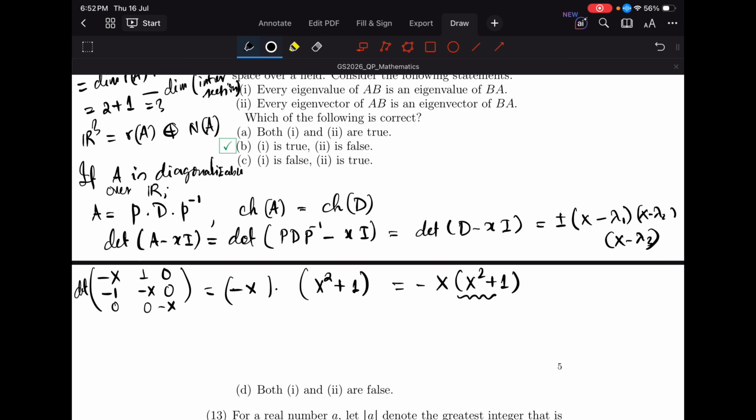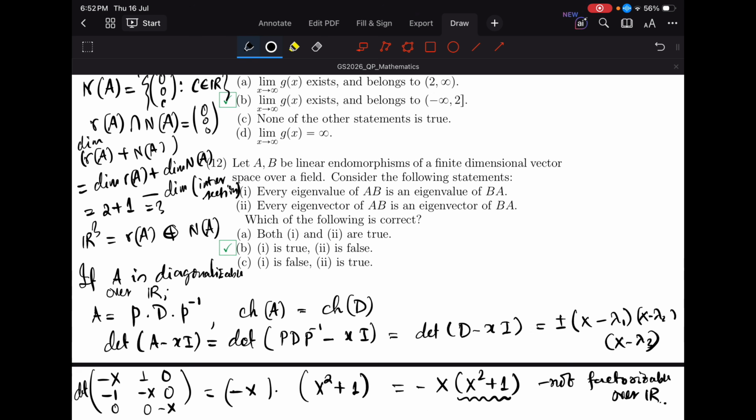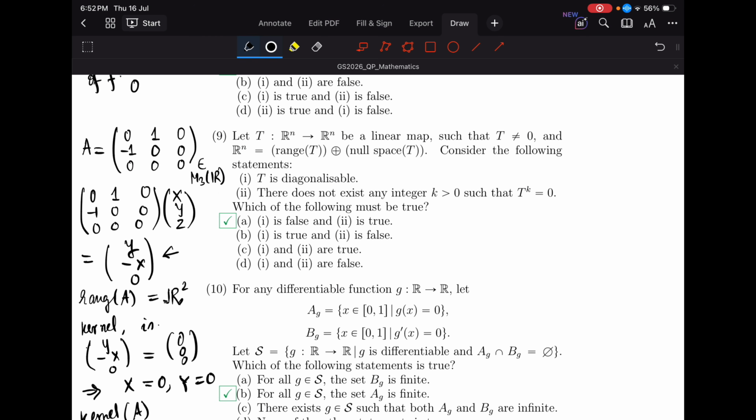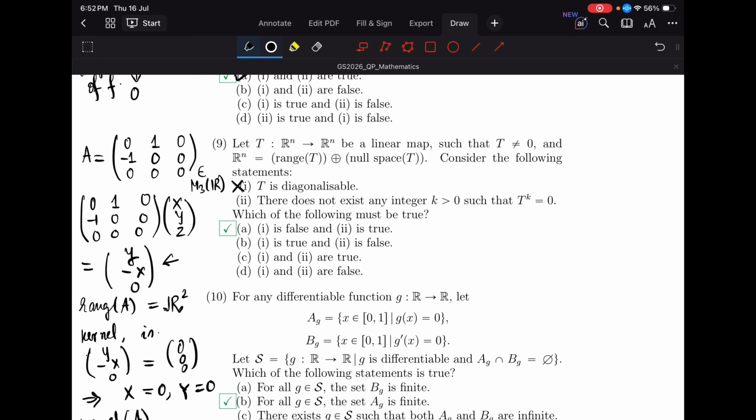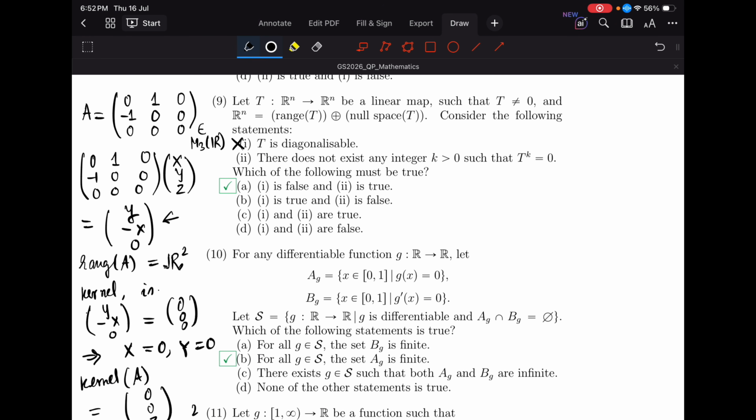But x squared plus 1 is not factorizable over R, right? So this is not diagonalizable, so this option is not correct. Now they're putting a condition. Let us check the second statement.